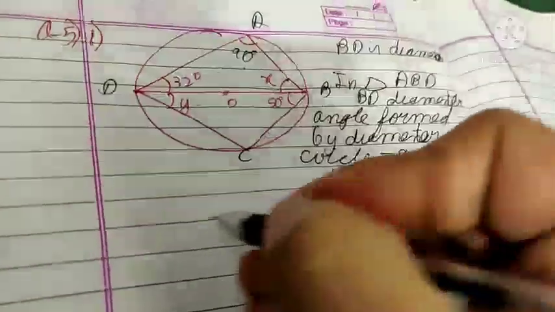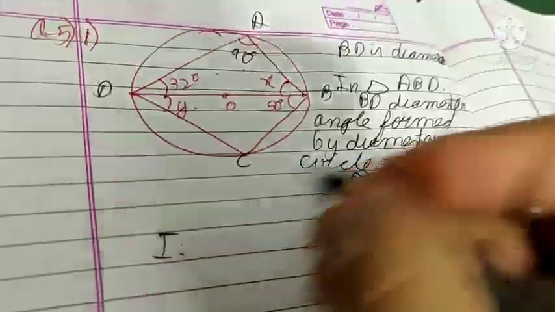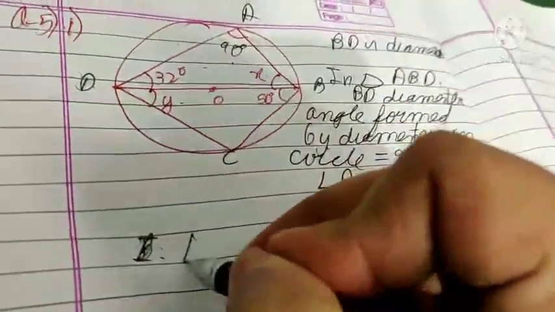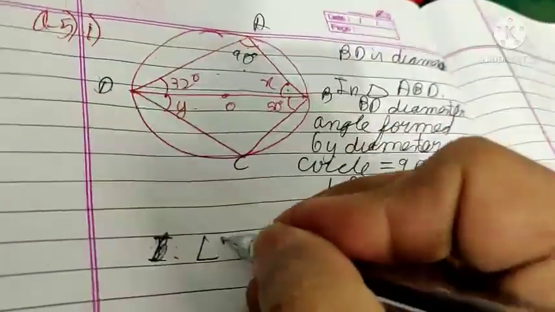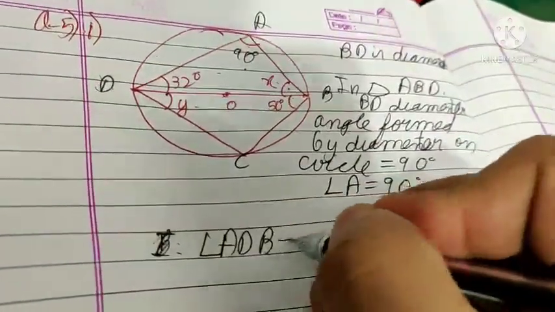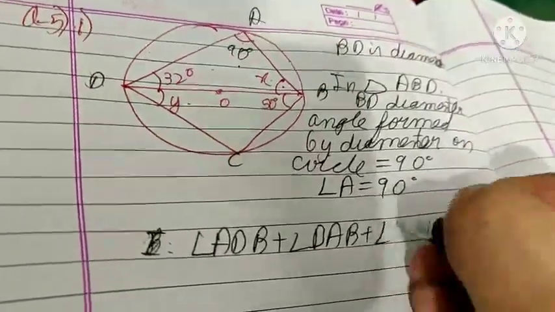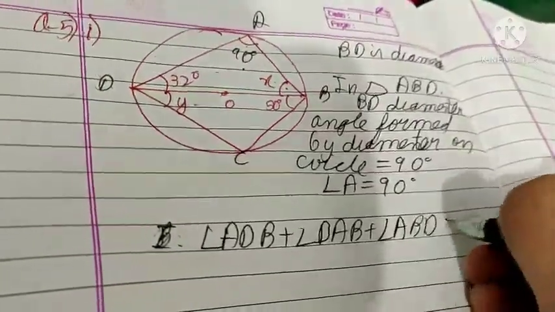So in triangle ABD, the sum of all the angles is 180 degrees. So angle ADB plus angle DAB plus angle ABD is 180 degrees.